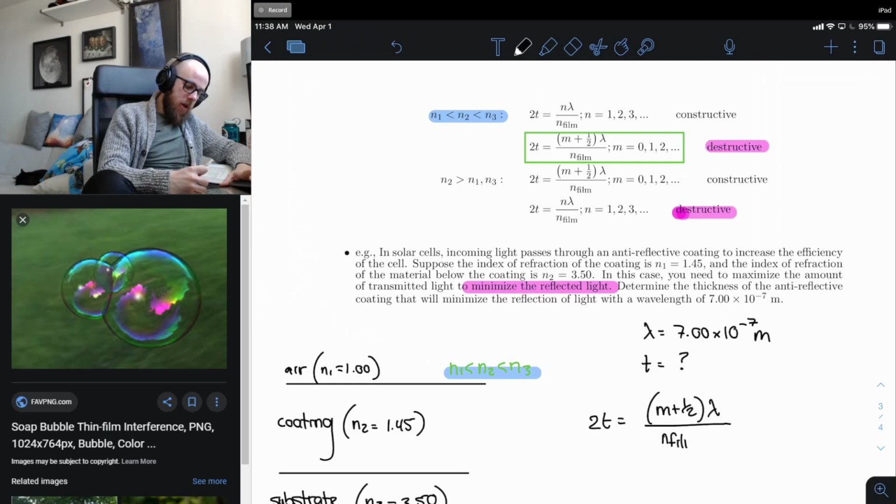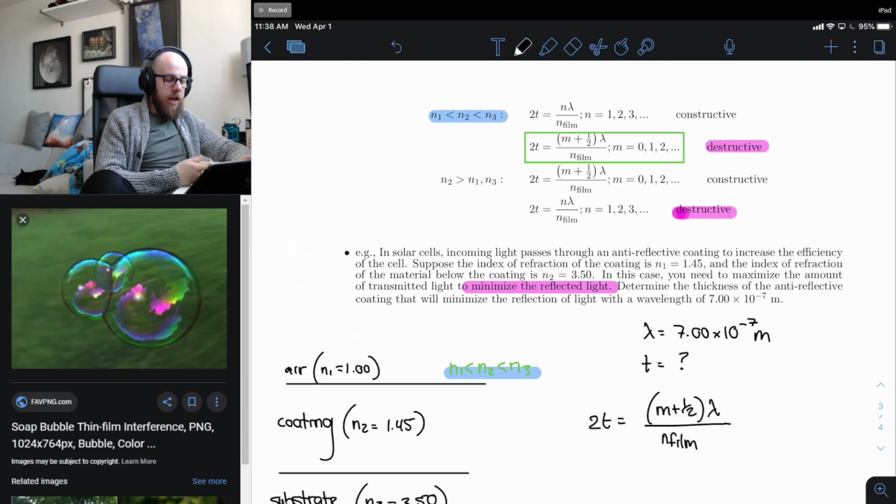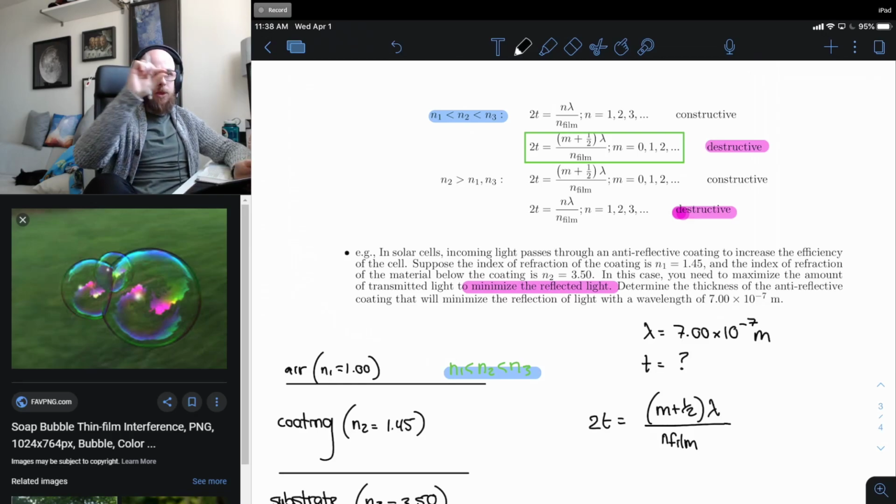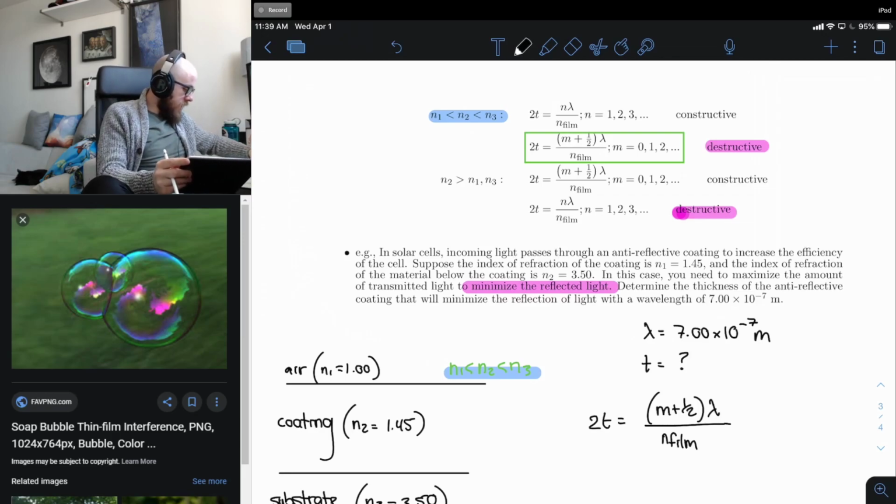Now notice this question doesn't say the minimum thickness of the coating, like the last question said, what was the thinnest film possible to make the scenario happen, right? This question doesn't have any of that, but I'm assuming we can still take the minimum thickness.